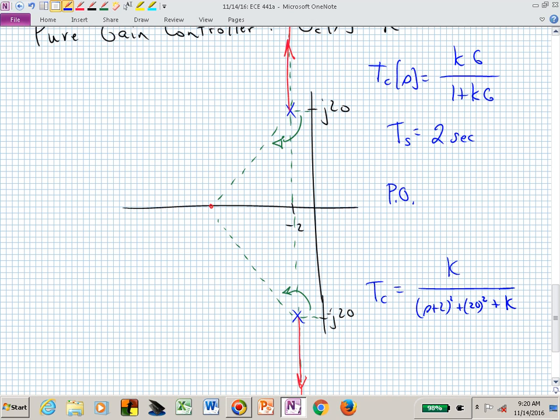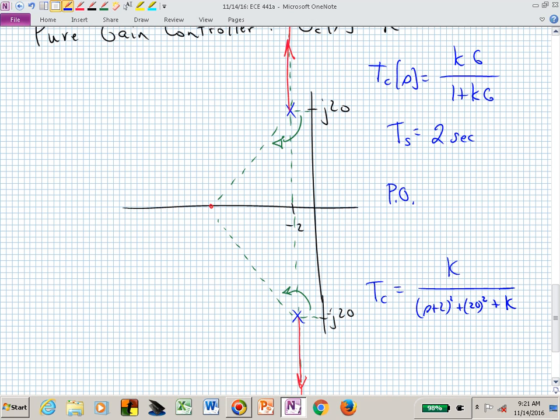So what's happening? Now if I put this system, this plant that you have over in the lab, in a pure gain feedback configuration with output feedback, and you crank up that gain K, it's just going to shake quicker and quicker as you crank up the gain K, isn't it? But it will still settle in the same amount of time. It'll still settle in 2 seconds.